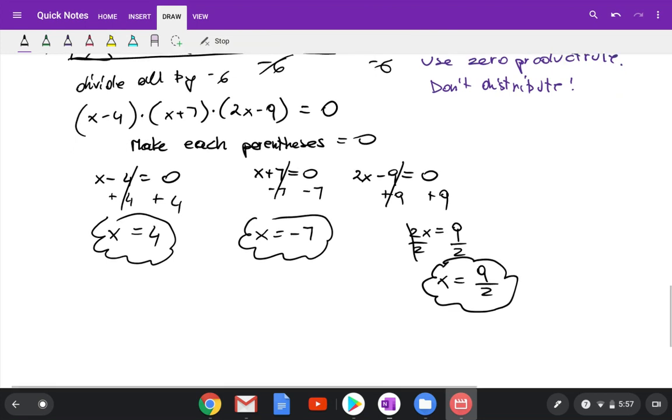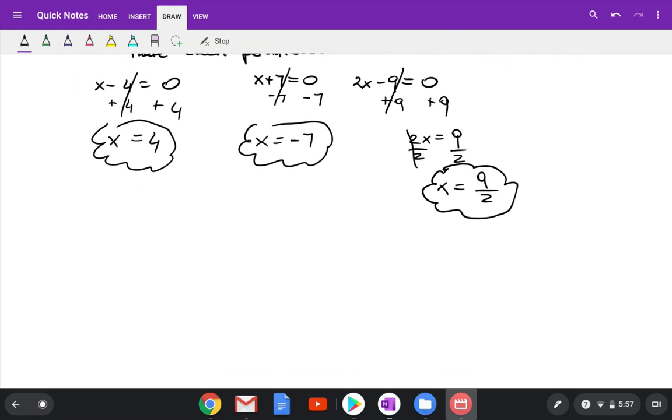So we have three solutions. We write the answer using the solution set, listing all the solutions: negative 7, 4, and 9 over 2.